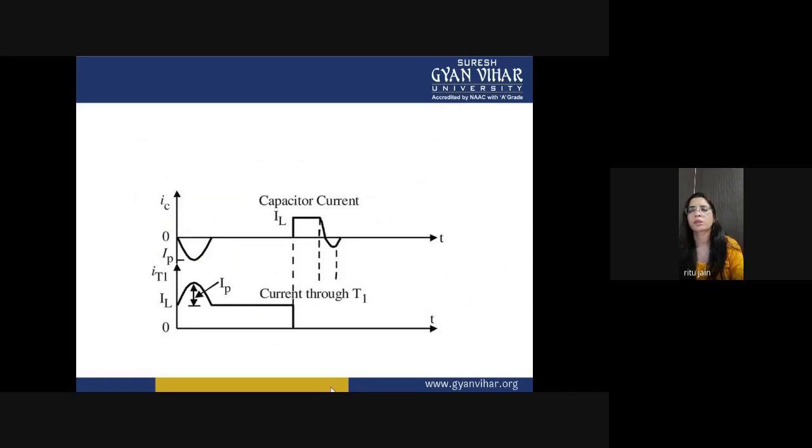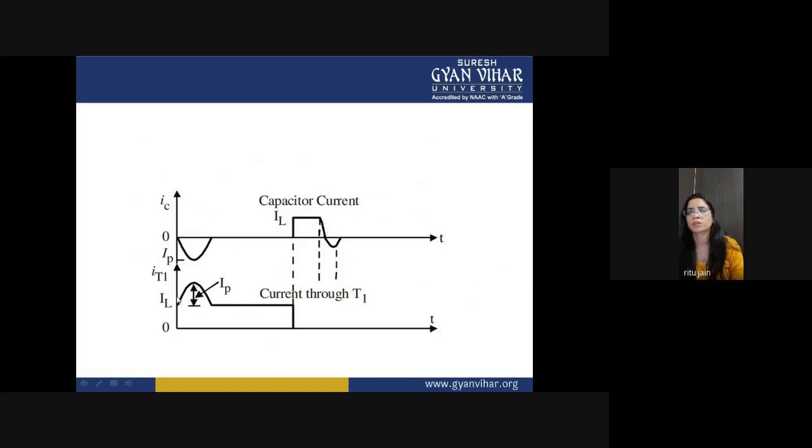You can see from the diagram that this is your capacitor current, which is equal to your inductor current at this time, and this is the current flowing through the thyristor T1.